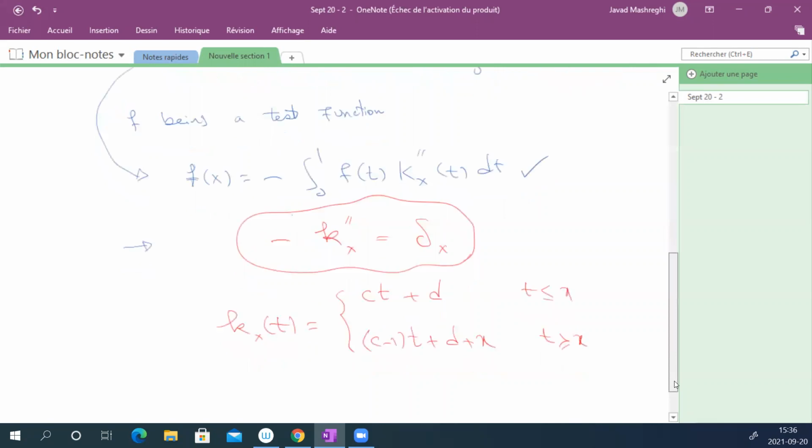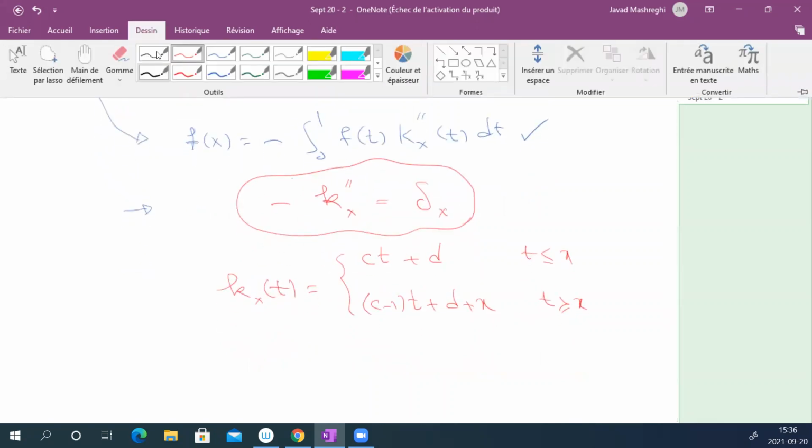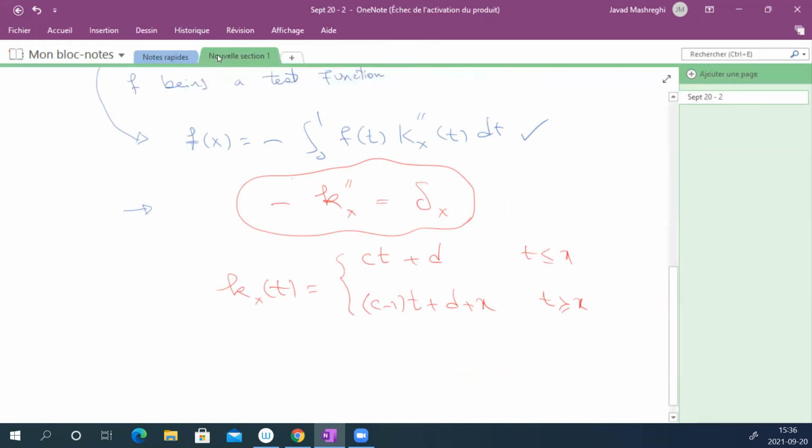Okay, so back to the question, or comment, which was raised before. Now we see that this function k_x is not, I mean, k_x is not a good notation. k_x is for the reproducing kernel, but at least let me abuse the notation and just say that for any values of c and for any values of d, this function is in this space.